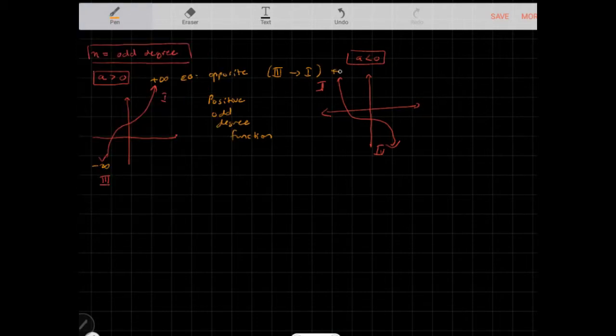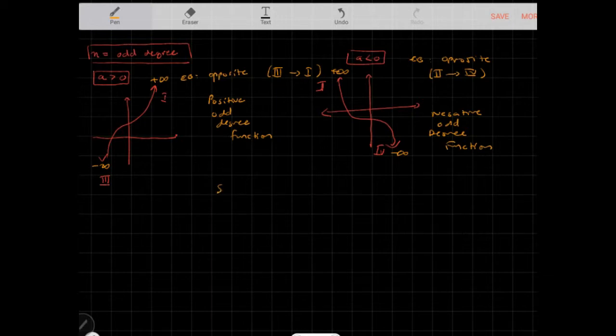You can see that this is positive infinity, this is negative infinity. So the end behaviors are still opposite, but this time they're going from quadrant 2 to quadrant 4. So this is a negative odd degree function, and this is true for all positive and negative odd degree functions.